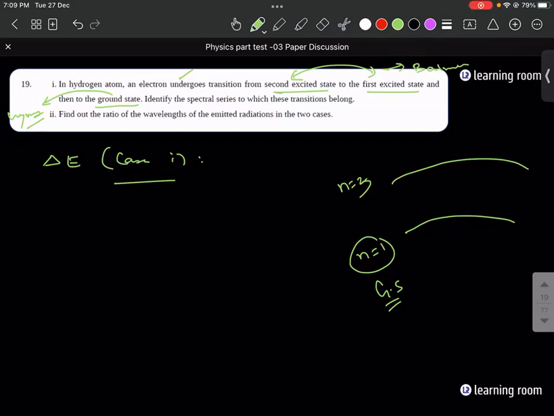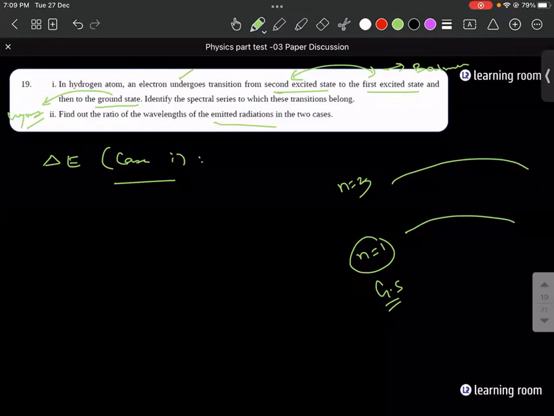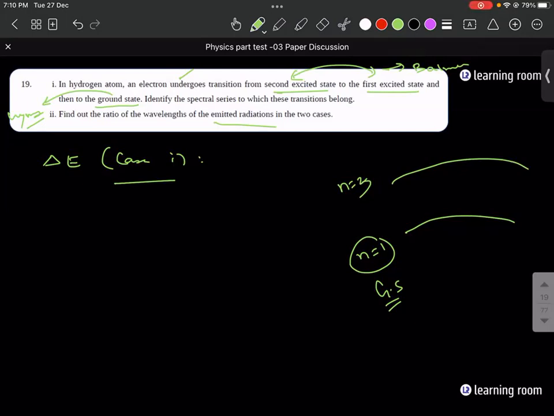Find out the ratio of the wavelength of the emitted radiation in two cases. So when the transition happens from second excited state to first excited state, what is going to be the energy change?